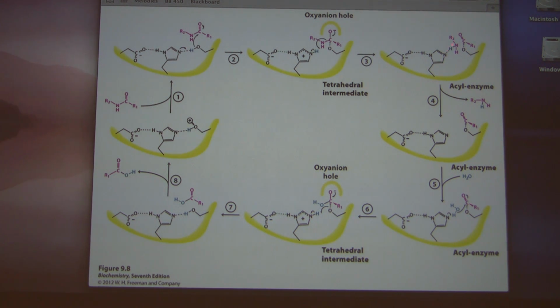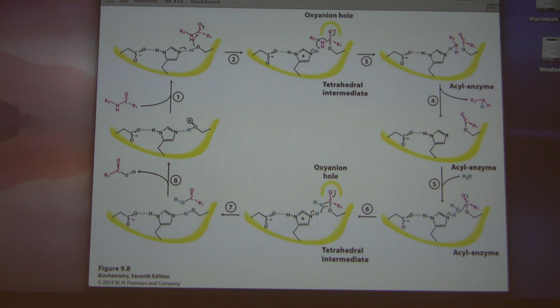And one of the peptides is released. So let me just step you through here. Binding of the substrate to the active site, production of an alkoxide ion, formation of a transient tetrahedral intermediate that's stabilized by the oxyanion hole, falling apart of the peptide bond.